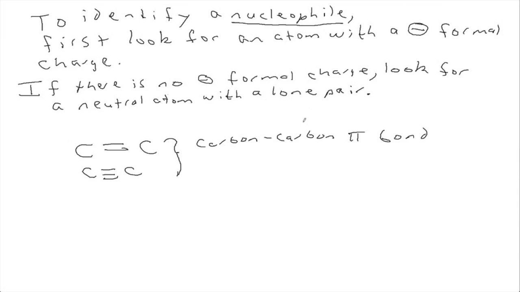Why? Well, is a nucleophile going to be an atom with stable electrons or unstable electrons? It seems like it would be unstable electrons. That's why it wants to donate them. Yeah.